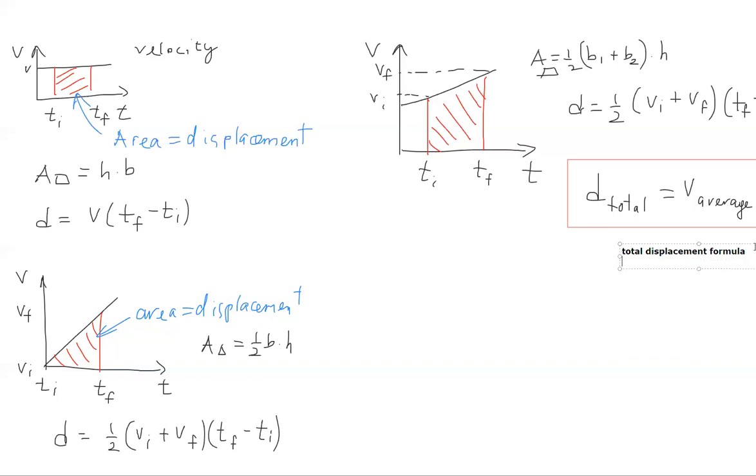But sometimes you can call it average velocity formula, because if you solve for average velocity, how do you spell average? Velocity formula, like that. So if you solve it for average velocity, then you get the definition of average velocity.